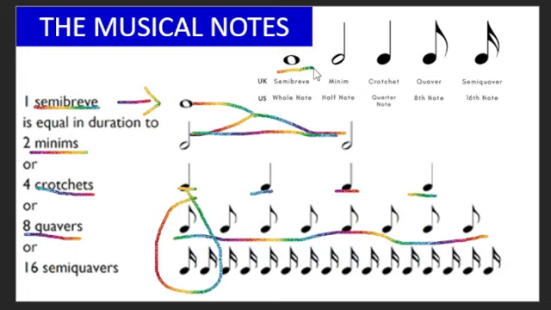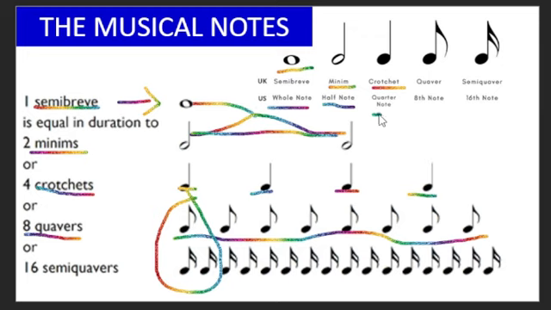Something else I want to discuss here. In the UK, they use the word semibreve, but in the USA, they use whole note. Then on the minim, in the UK we say minim, but in the USA we use the word half note. In the UK, the United Kingdom, we say crotchet, but in the USA we say quarter note.